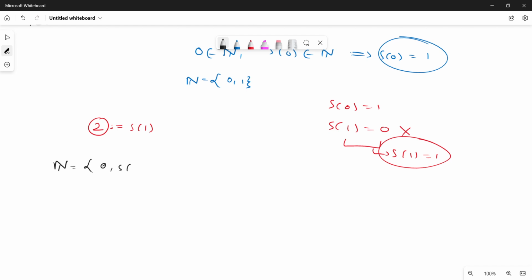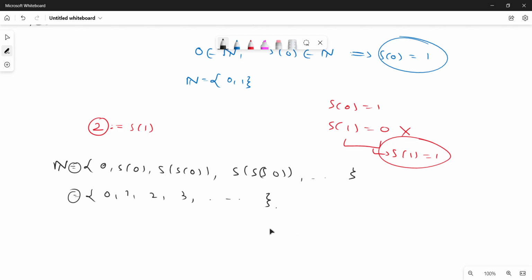So the natural numbers seem to be constructed of 0, the successor of 0, the successor of the successor of 0, the successor of the successor of the successor of 0, and so on, right? Which we specifically define as 0, 1, 2, 3 and so on. Okay.